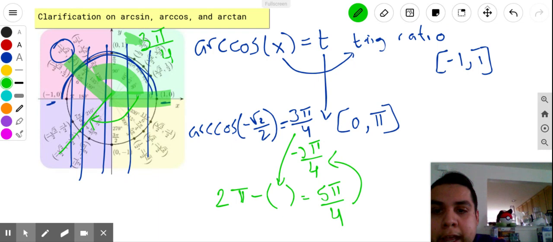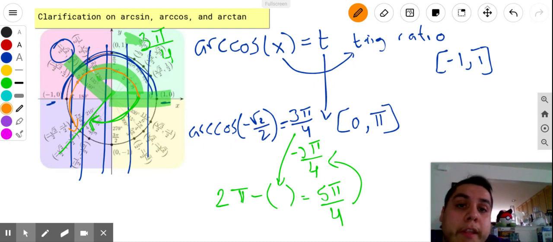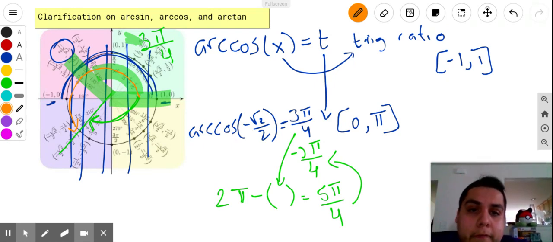So negative 3 pi over 4 goes clockwise, positive 5 pi over 4 goes counterclockwise. But they both are the same value. So that's how you use arc cosine.